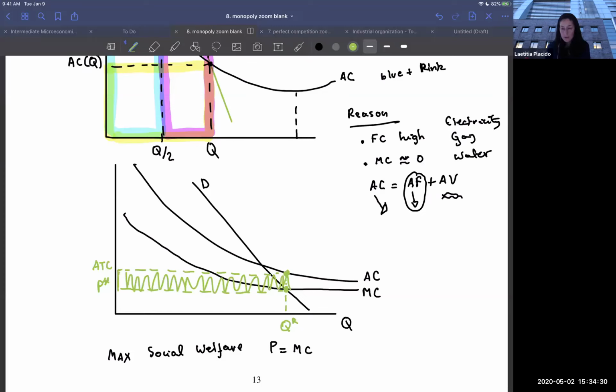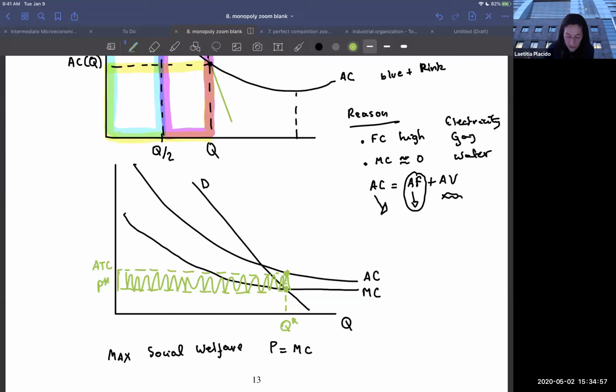So what is the consequence? Yes, exactly, that's an economic loss. The consequence of this, yeah, they could exit, but we don't want that. We want electricity, we want water. So how do we do? Well, one solution to this is to subsidize the monopolist.